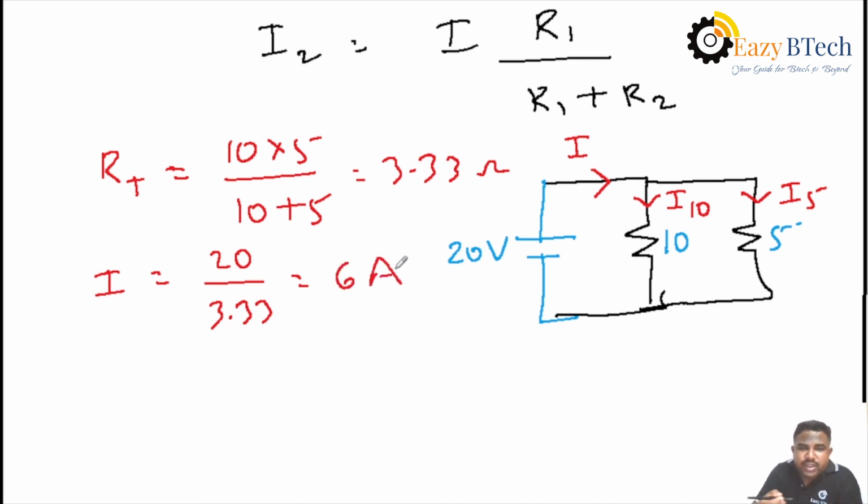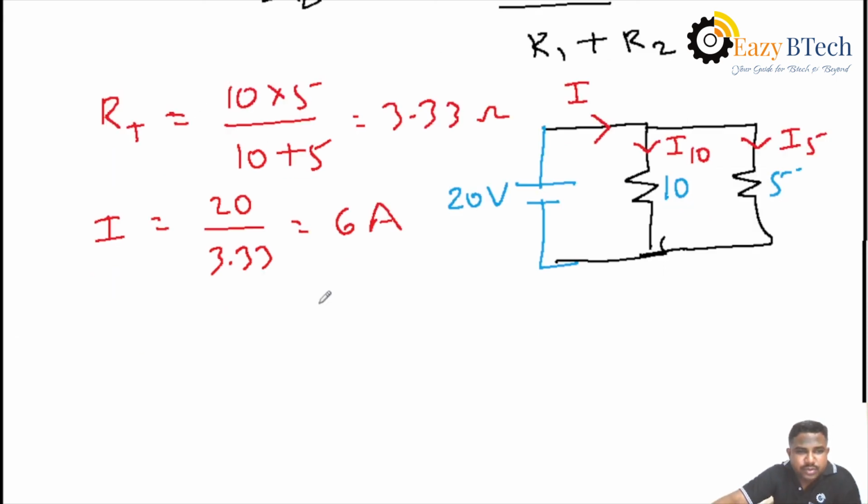Okay, you have to verify KCL. Then you have to find the branch currents. First, the branch current I10.